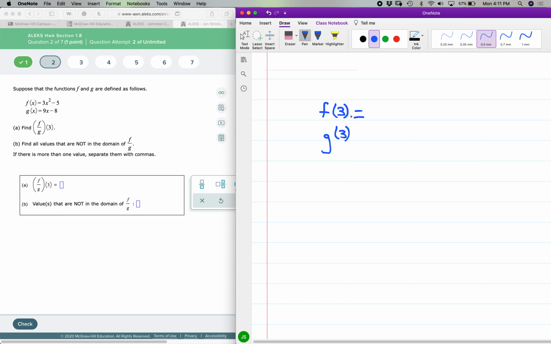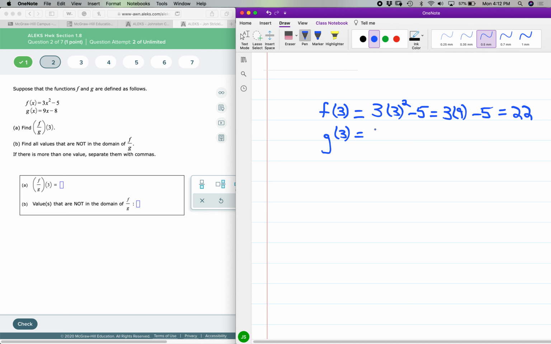So with f of 3, we have 3 times the square of 3 minus 5. 3 squared is 9, and 3 times 9 is 27, minus 5, so this will come out to 22.